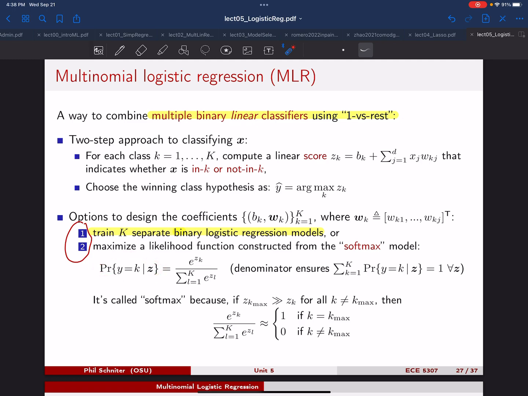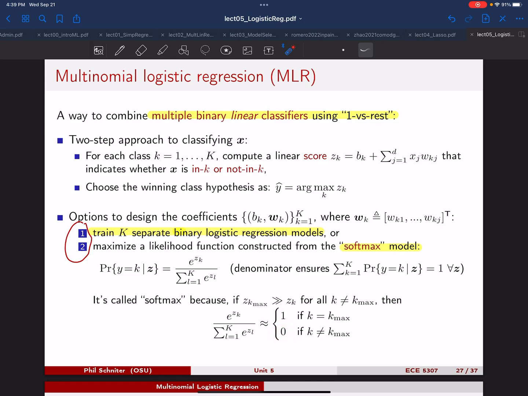Okay, this is called the softmax. It's sort of like the extension of the sigmoid to something a little more complicated. The name softmax comes because when one of the zk's is much bigger than the other zk's, then when you look at the different values output over the different k's, you'll find that one of them is approximately equal to 1, and all the others are approximately equal to 0.